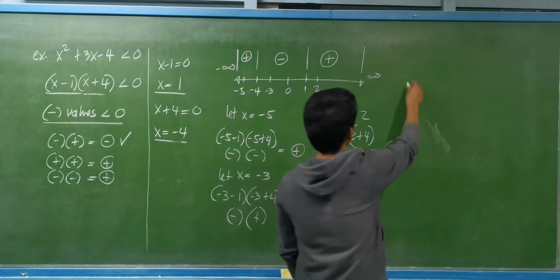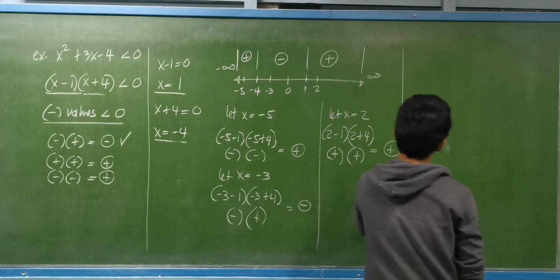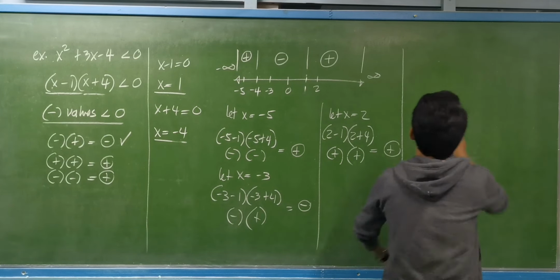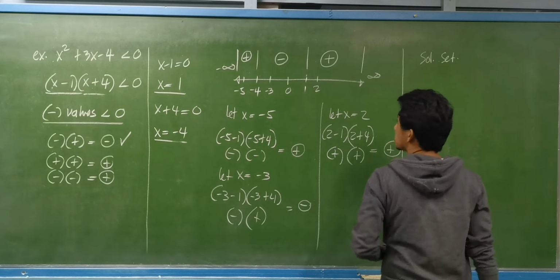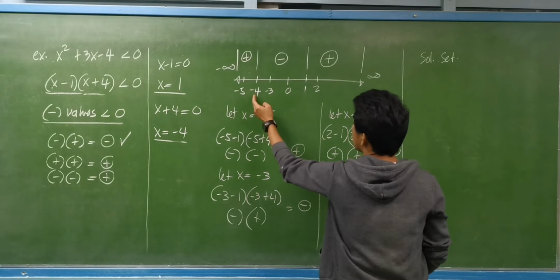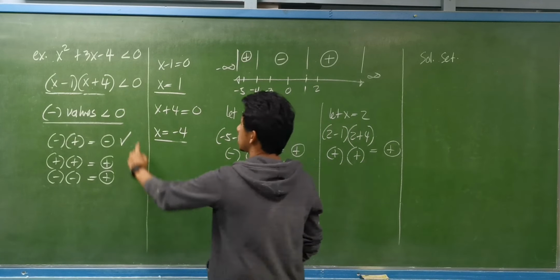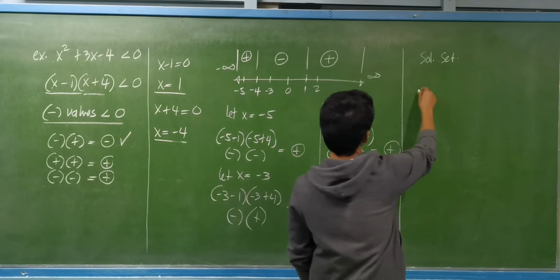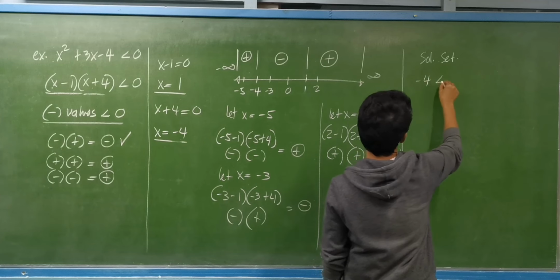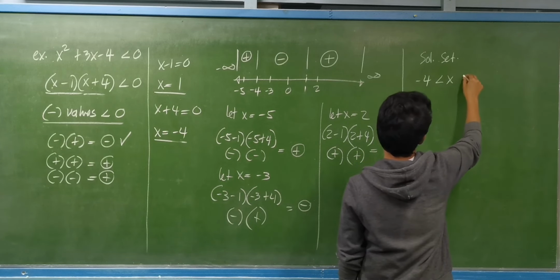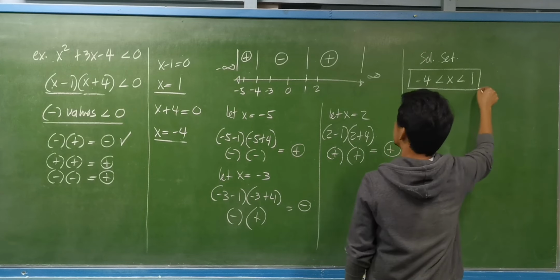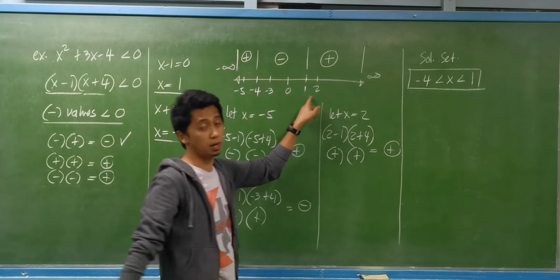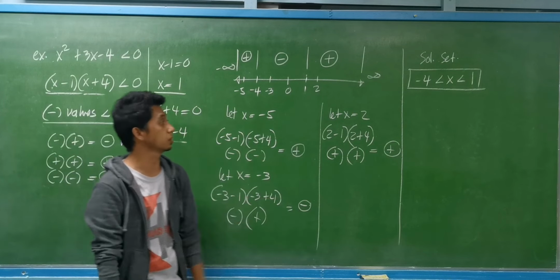So our solution set in terms of inequality is from negative 4 to 1. Take note, this is less than: negative 4 is less than x, less than positive 1. Negative 4 and positive 1 are not included in the solution.